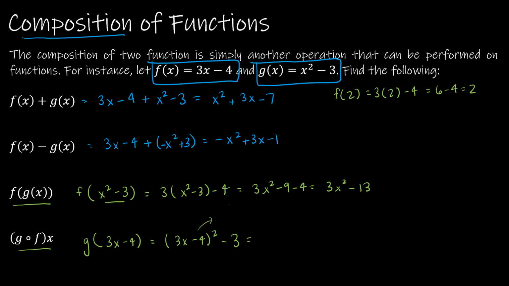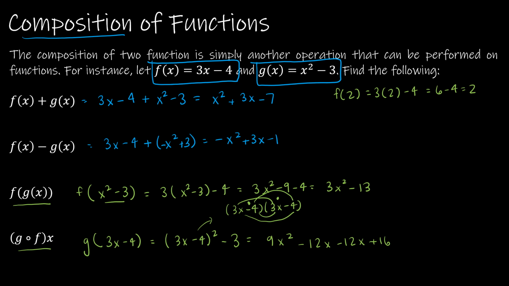So let's recall what foiling is. Again, if you understand how to FOIL, you don't have to show that work. 3x times 3x, first times first, is 9x squared. And then minus 12x, that's the outsides, minus 12x, that's the insides. And then last, which is plus 16, and then that makes FOIL man.